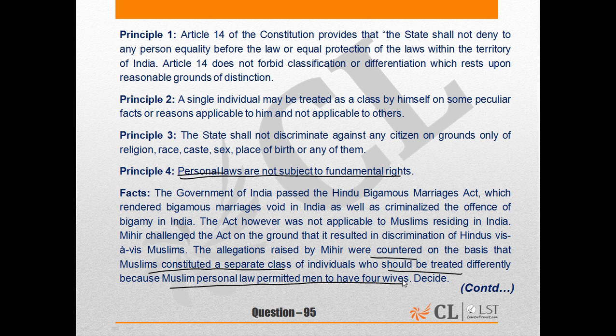Now, as per principle 1, Article 14 does not forbid classification or differentiation which rests upon reasonable grounds of distinction. So the government already knows that there is a distinction between Hindus and Muslims, and it is making an act for Hindus. So that is why the act will be valid, because it is not differentiating between Hindus and Muslims. It already knows that there are 2 classes, Hindus and Muslims, and it is just making an act for the Hindus.